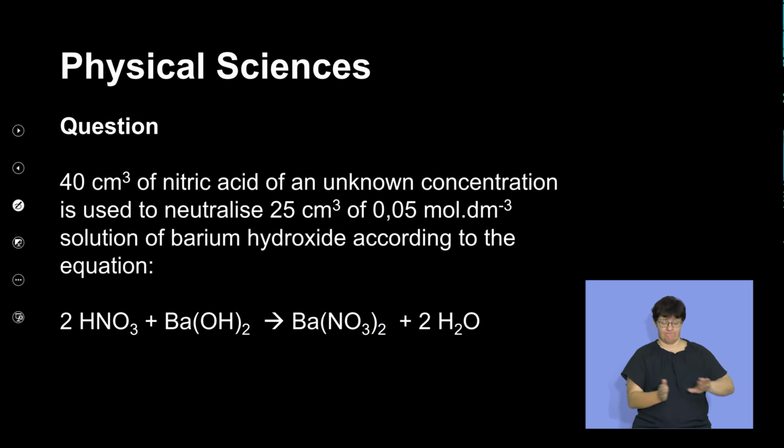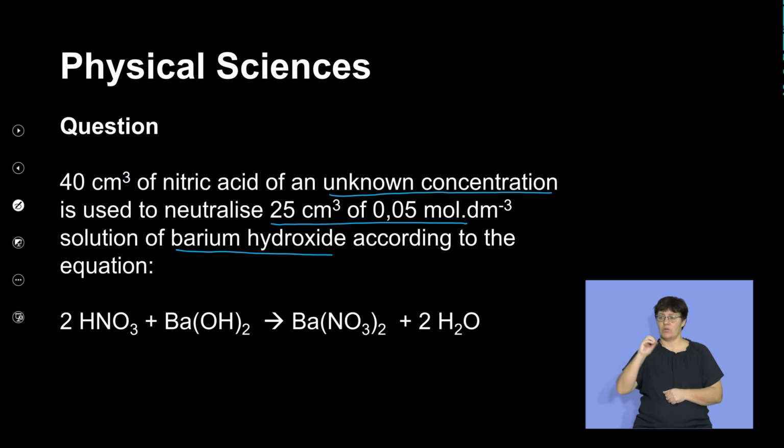Okay, and then we've got another one which says 40 cubic centimeters of nitric acid of an unknown concentration is used to neutralize that volume and concentration of barium hydroxide. So 25 cubic centimeters and 0.05 moles per cubic decimeter are for the base, barium hydroxide. So this is the balanced equation of the reaction between nitric acid and barium hydroxide, right?